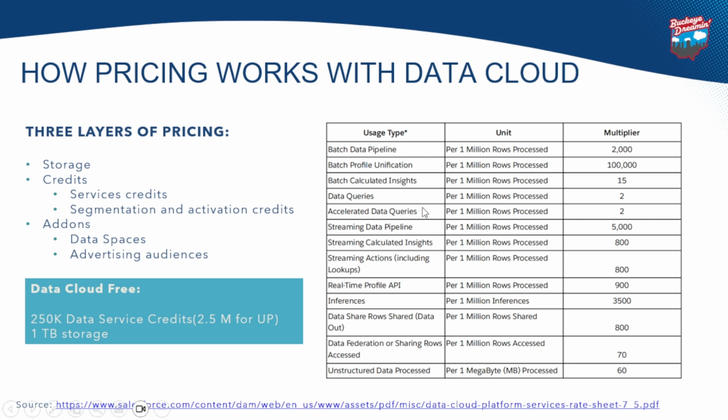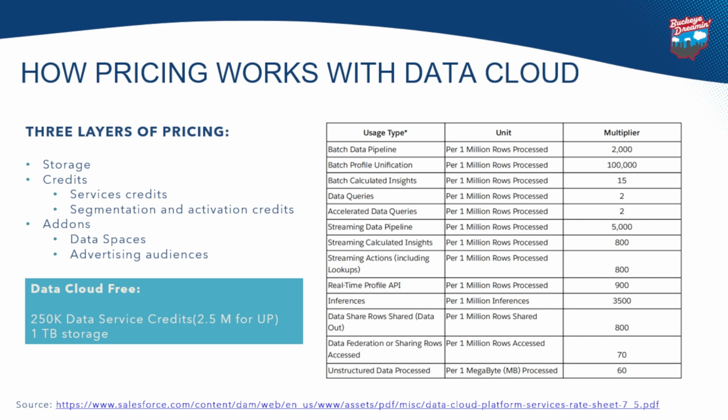These are batch usage, so it means that it's calculated based on the amount of batch data processed by Data Cloud across all the connections. When it says batch, it means it's calculated across all the data that is processed, and streaming usage is calculated on the number of records that are ingested at the time.